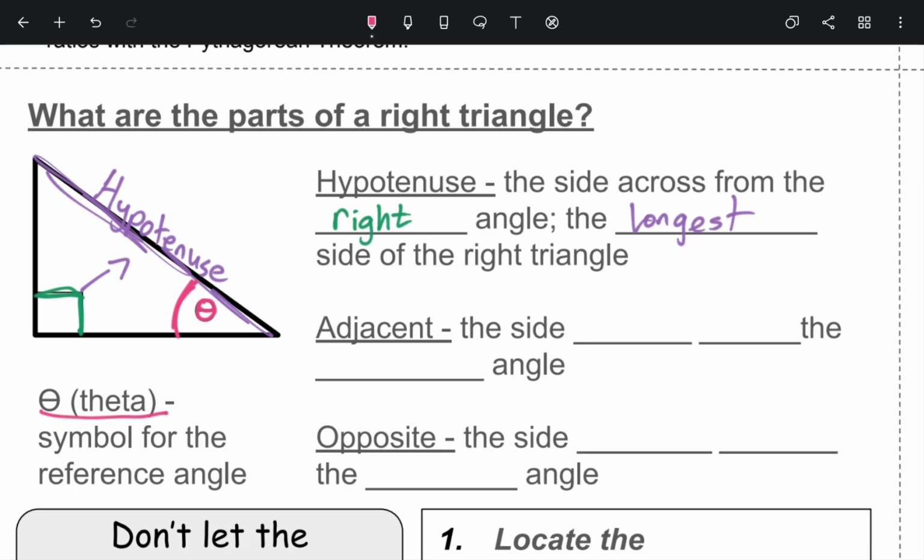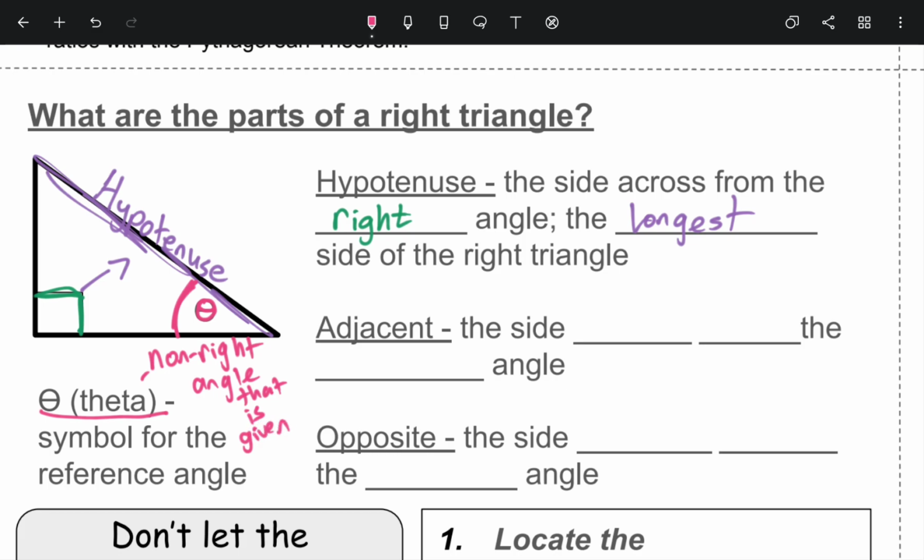Or this could be whatever non-right angle you're given, or that you're looking for.